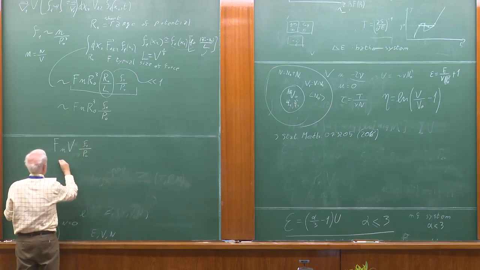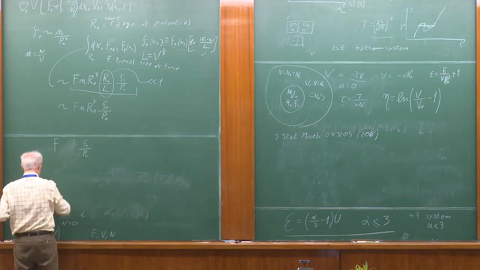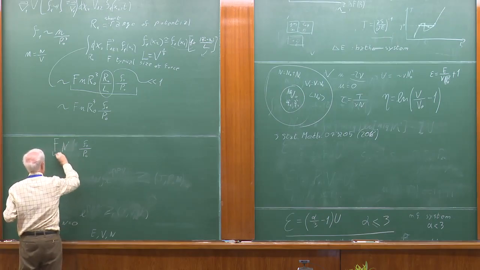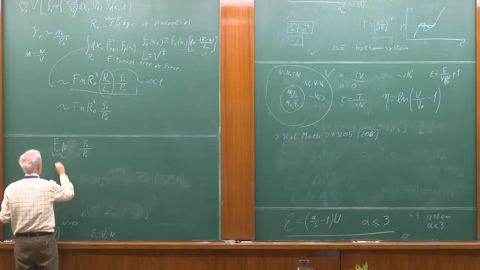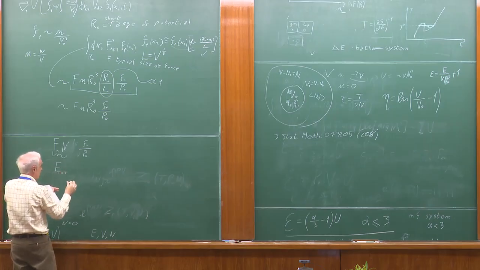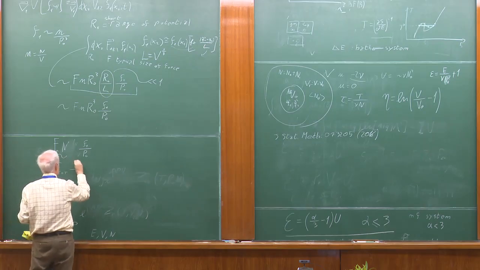What is this? nV is equal to N, the total number of particles. And since this was the typical force between two particles, this is the total force on a given particle, because you multiply the force from one particle by N. So this is the total force.